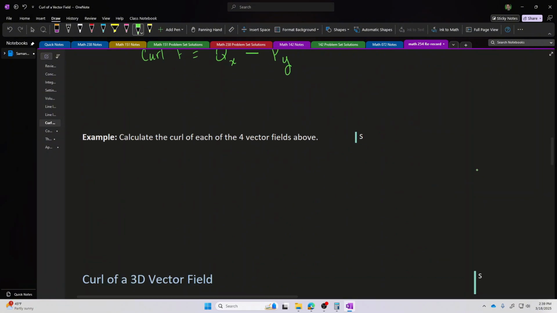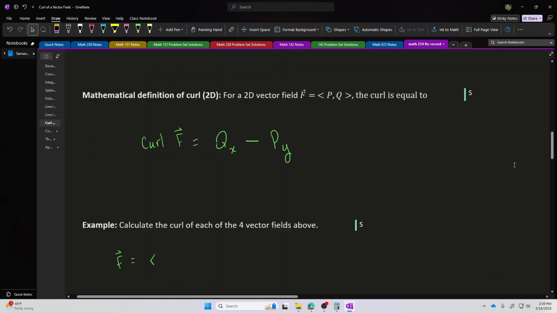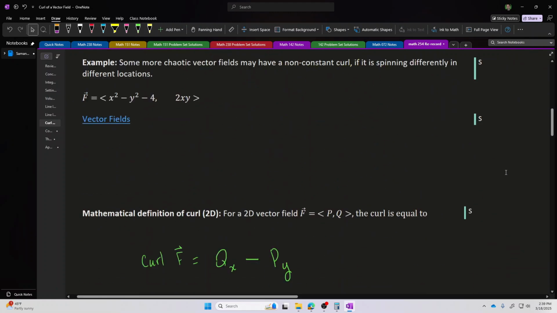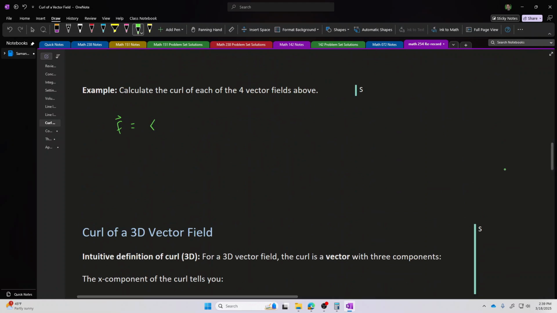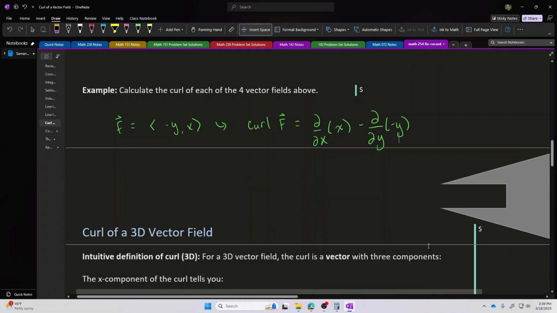So if the vector field F was negative y and then positive x, then the curl of this vector field would be equal to the partial derivative of Q in the back with respect to x minus the partial derivative of P in the front with respect to y.